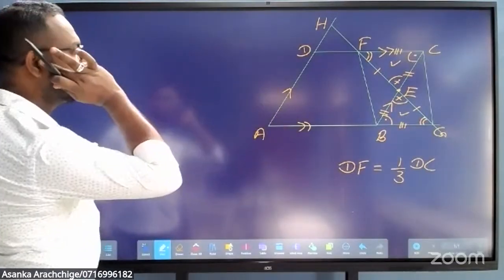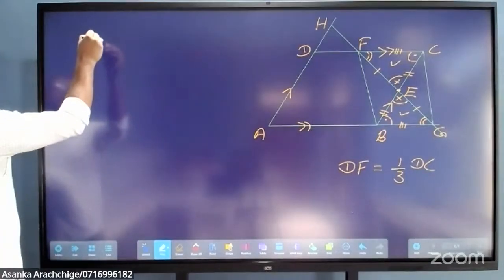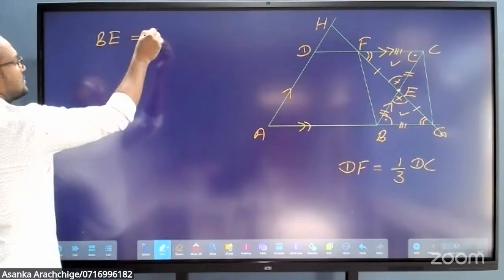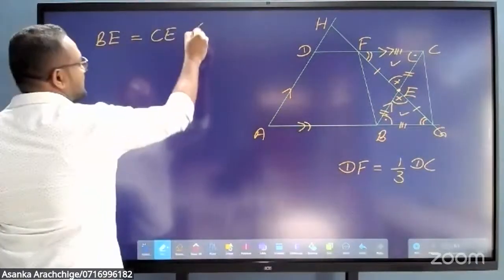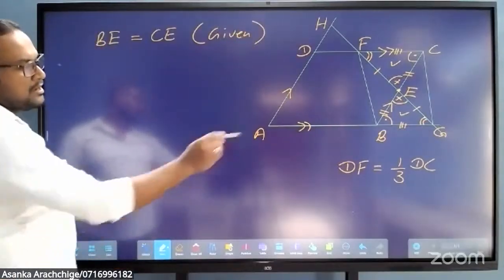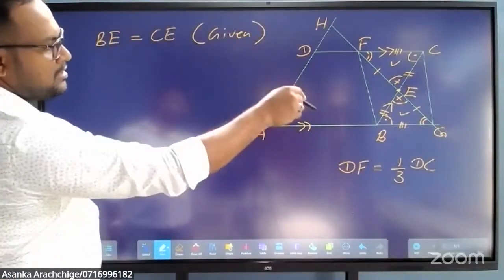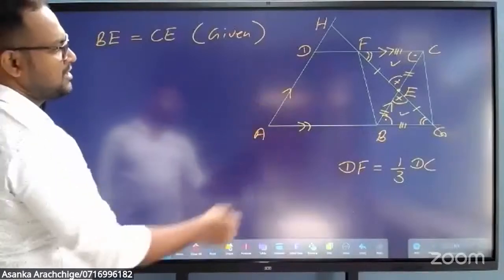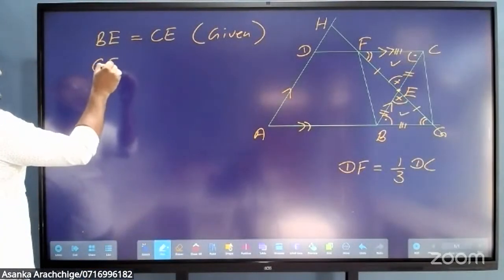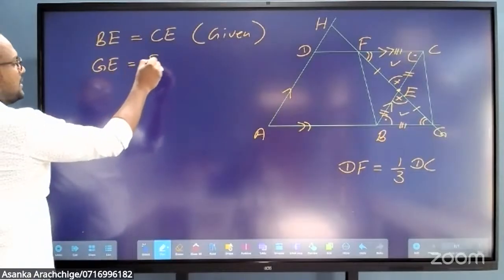BE is equal to CE. This is given. And GE is equal to EF.